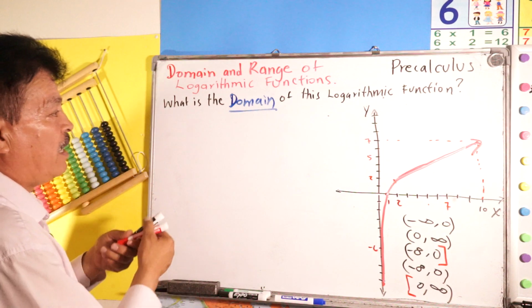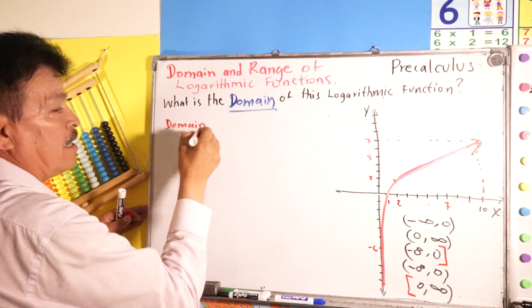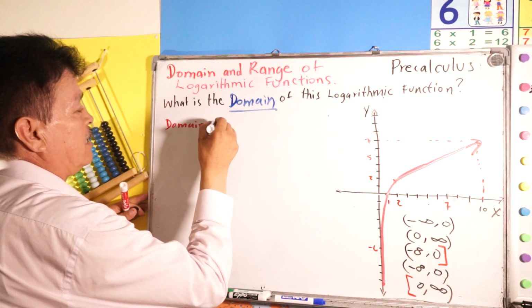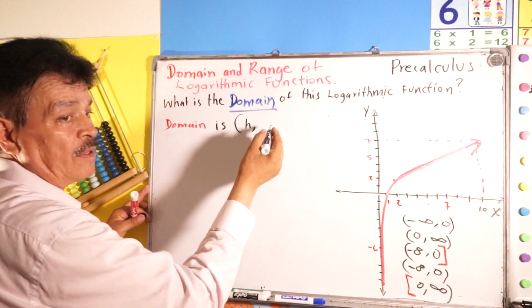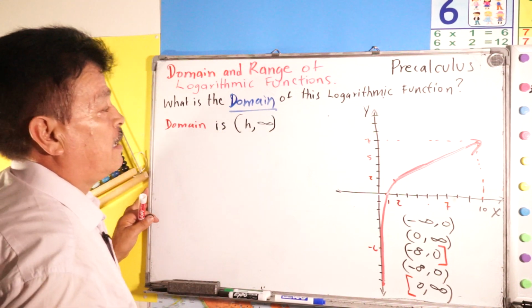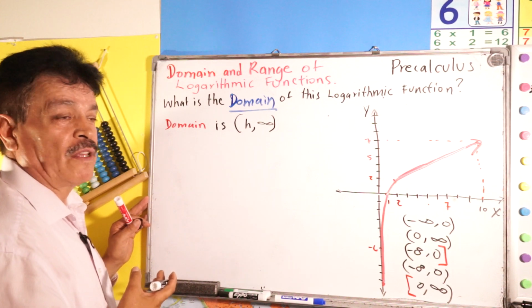Okay, the domain, for instance, here the domain is, you write it right here, h, and then like this. Okay. So meaning all numbers to the right of the vertical asymptote.